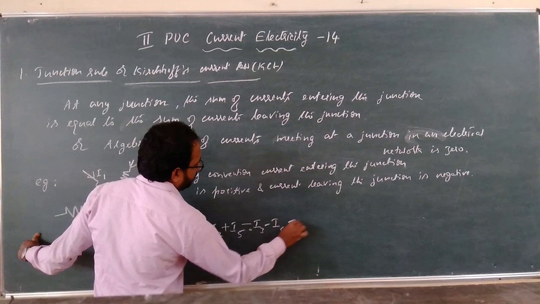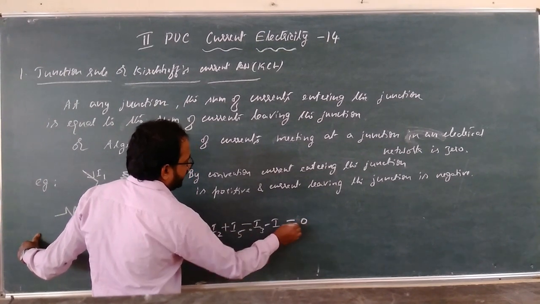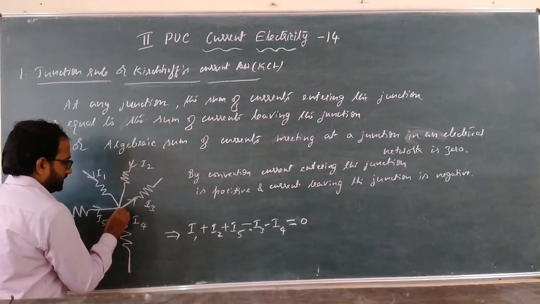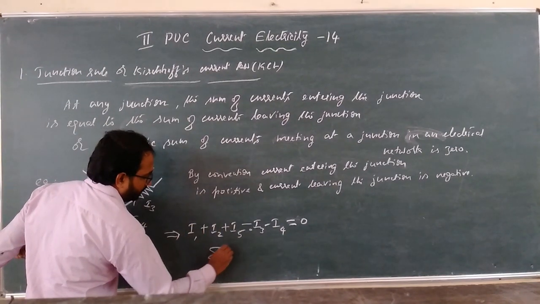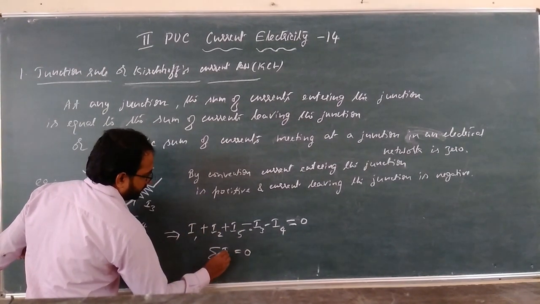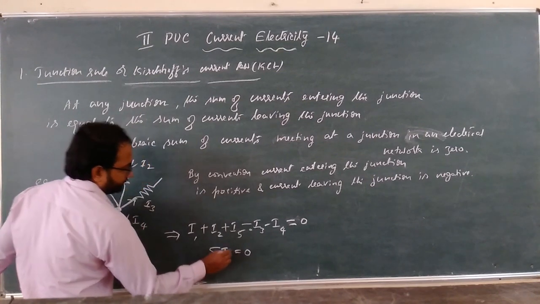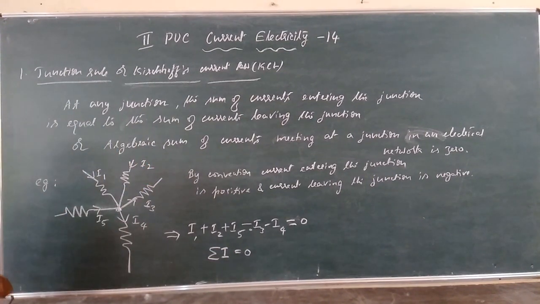So algebraic sum of currents meeting at a junction is 0. Okay, algebraic sum, it is summation of all I at the junction is 0. Current entering the junction is taken as positive, therefore I1, I2, I5 are positive.